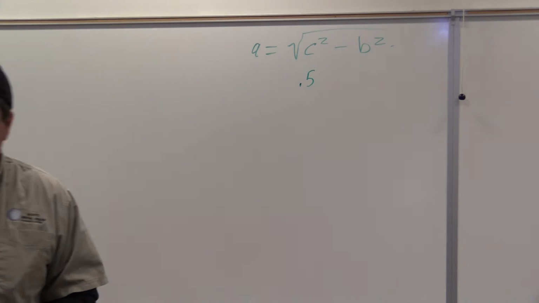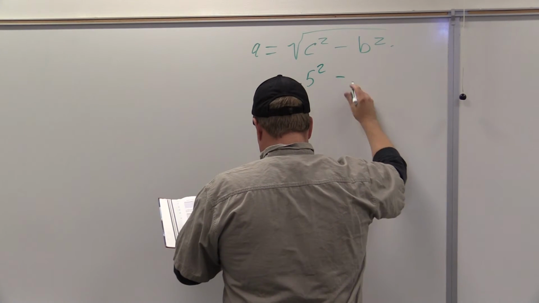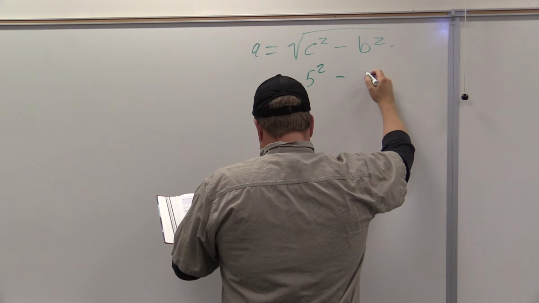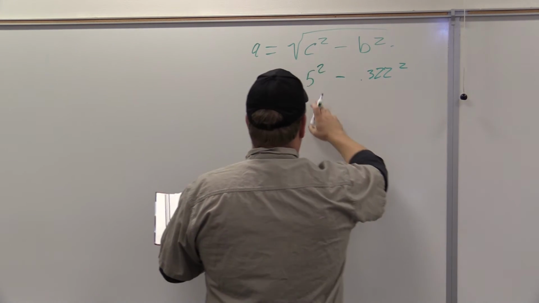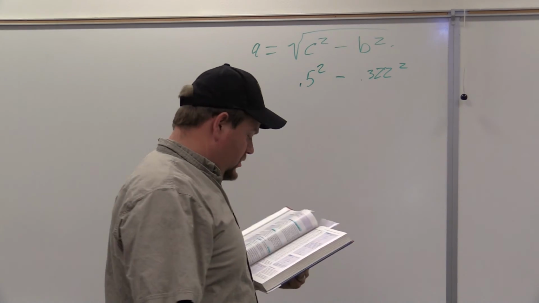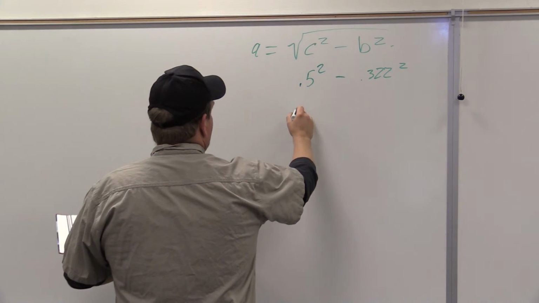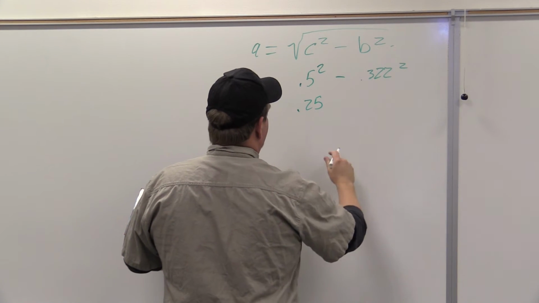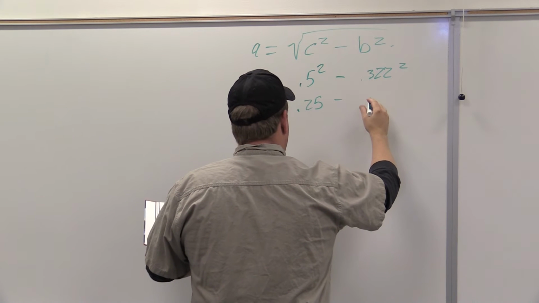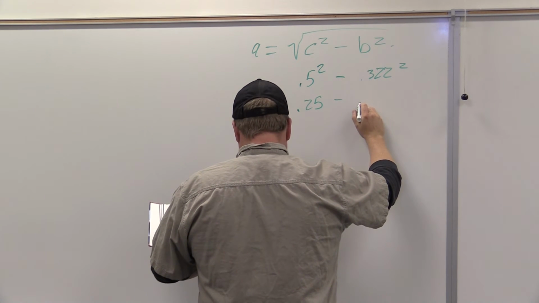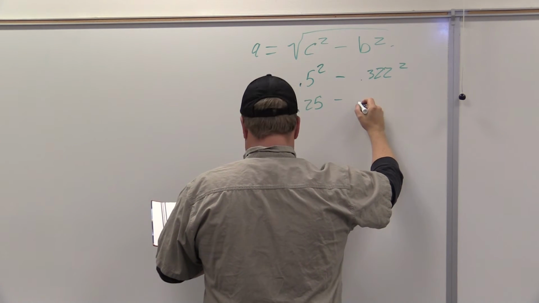Let me bring my book over, I'm sorry. 0.5 squared minus B is given 0.322 squared. So in this case, we're going to multiply these two together, okay? So we know 0.25, subtraction. This one I would probably use my calculator on just to make sure that I'm accurate, especially when dealing with 3 decimal places.